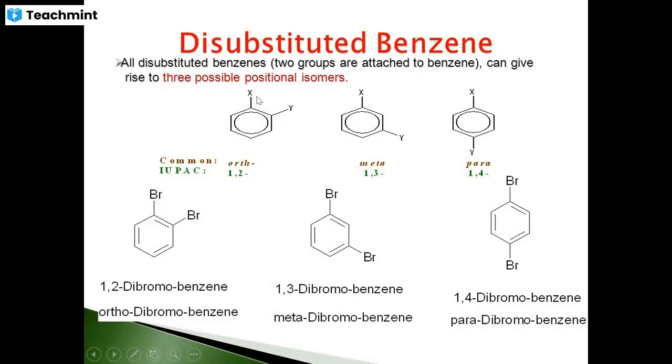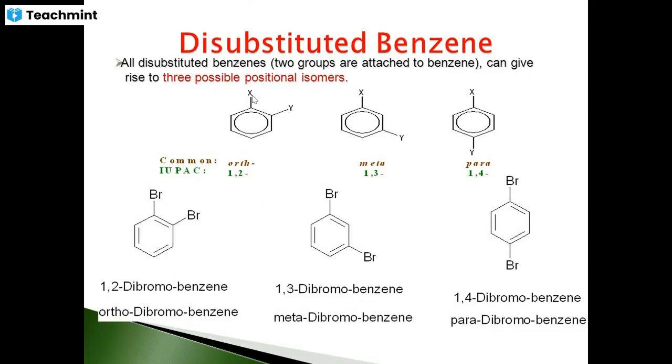We need to give the least numbers to the substituents. So X is at the first position and Y is at the second position. In this way we give the numbering or position to the substituents on the benzene ring.